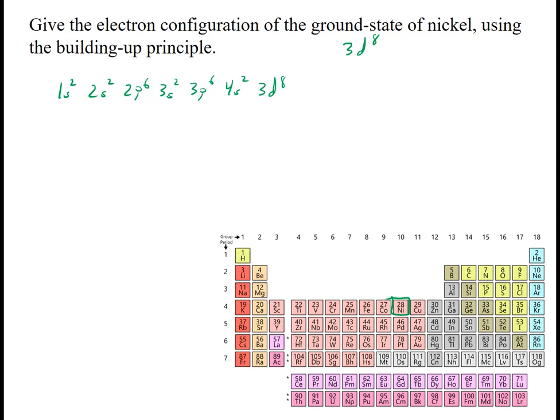Or again, I go up and over. The last noble gas is argon, and after argon I start at 4, so it would be 4s2, 3d8. So those are the two configurations, and that's how you use the periodic table to do the electron configurations.